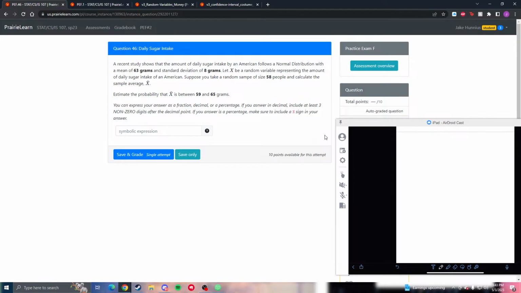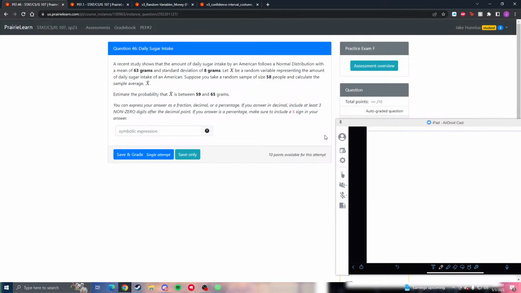Daily sugar intake. Let X be a random variable representing the amount of daily sugar intake of an American. The way we do this is we have to calculate the probability that X bar is greater than 59 and less than 65. So we just find two z-scores.